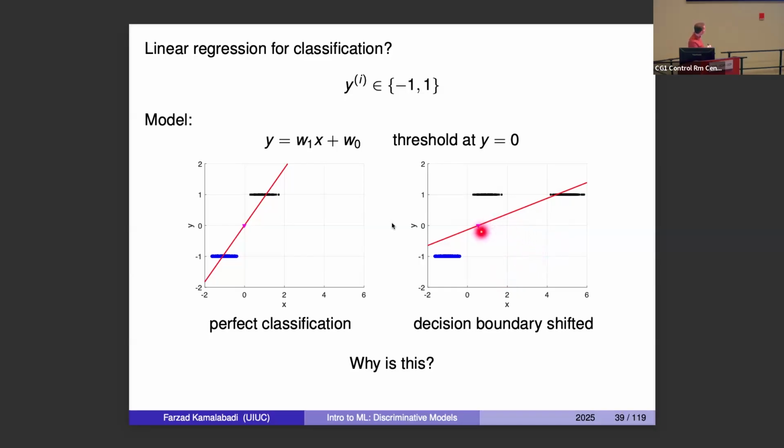And when it changes the line, the decision boundary gets shifted over here, to the right of 0, this line. And that means that the points over here, which originally were the correct points from here to the left, are now going to be labeled as blue, even though they're black. So the fact that we have these outliers essentially messes up my classification problem.